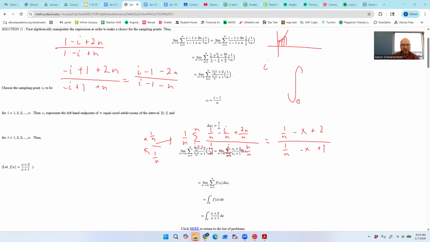And when they multiplied through by the 1 over n, instead of having these separate, they went with i minus 1 over n. So instead of going here, we'll cancel those n's. But they did. I guess it doesn't really matter that much.